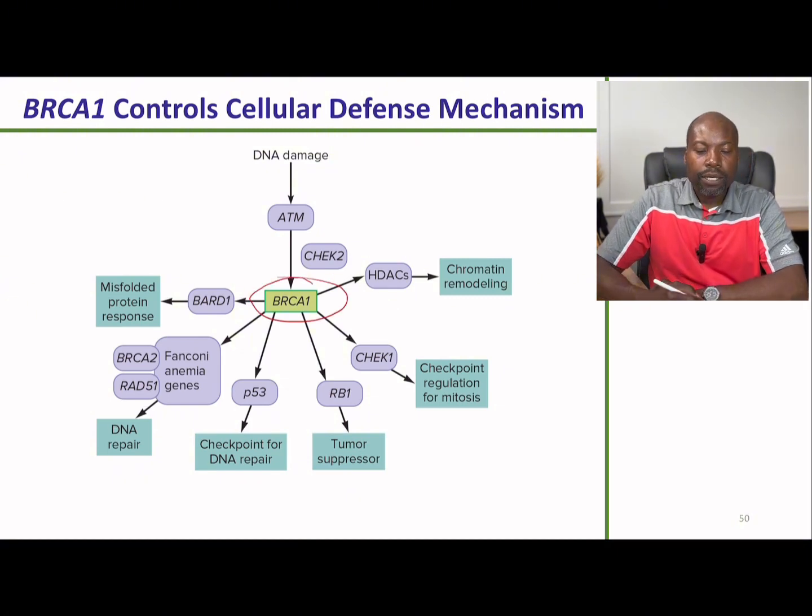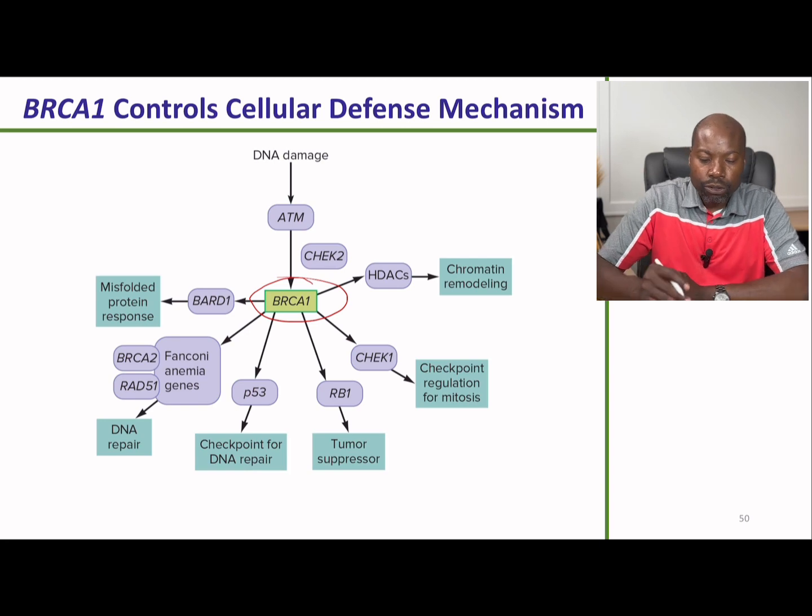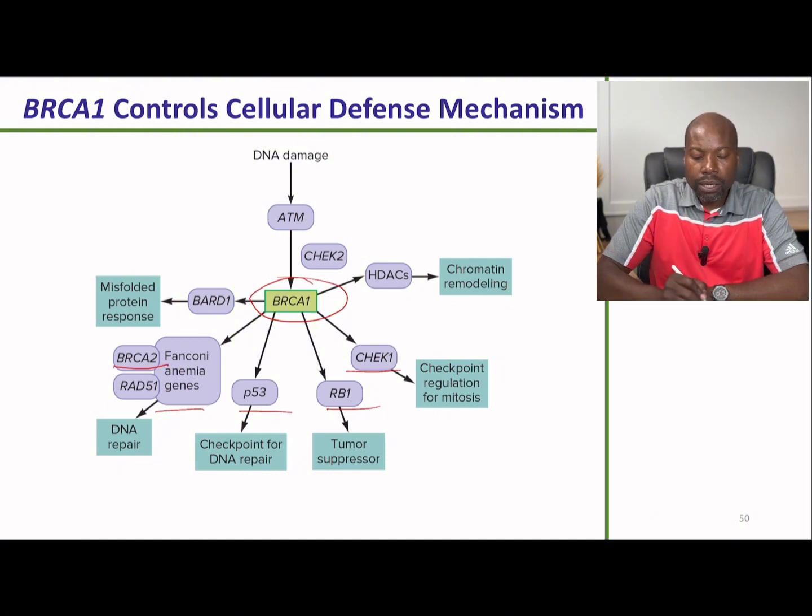So BRCA1, you can see that BRCA1 is central, and that BRCA1 is associated with so many other things, right? Including BRCA2, RAD51, P53, RB1, CHEK1, HDACs, right?